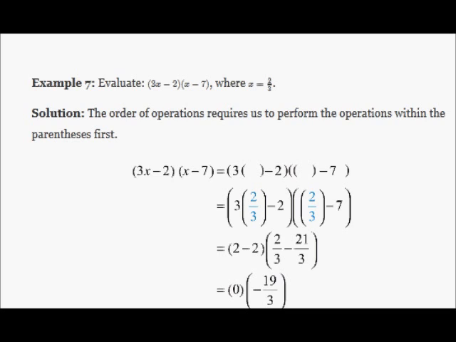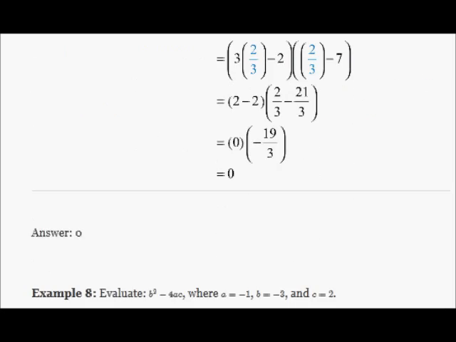But just for argument's sake, let's say we didn't know that. We're going to solve x minus 7 while we're here. So x minus 7 is 2/3 minus 7. 7 is 21/3. So 2/3 minus 21/3 is negative 19/3. 0 times negative 19/3 is 0. Because 0 times anything is 0.